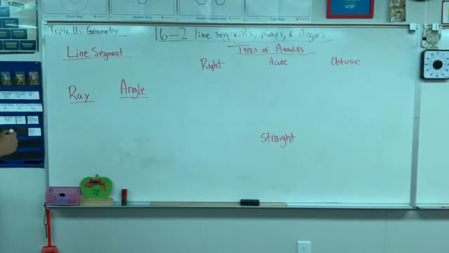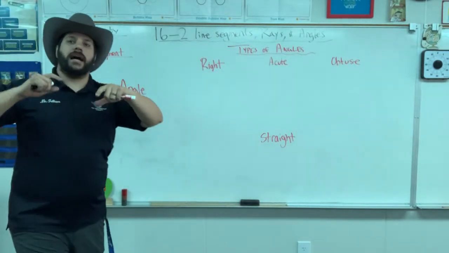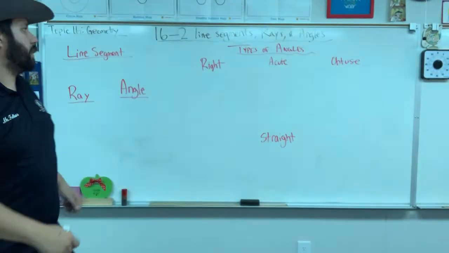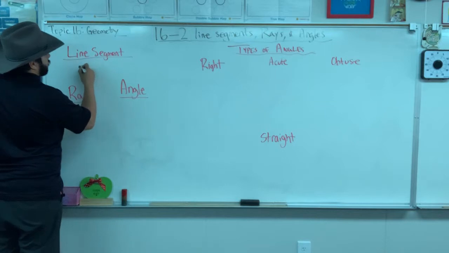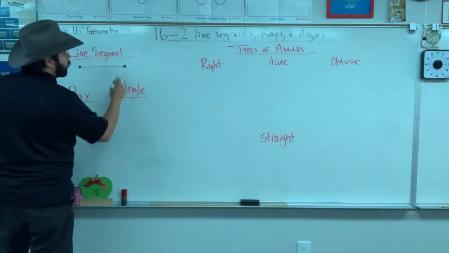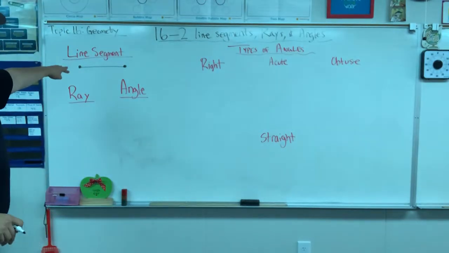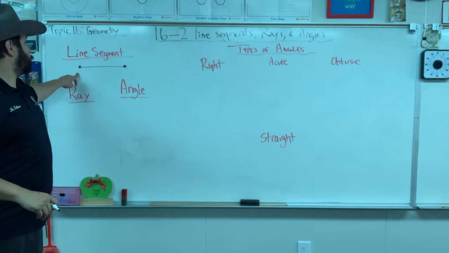So the first of which is a line segment. Okay, so we know that a line with its two little arrows goes infinitely in both directions. A line segment is just a portion of that infinite line, and it is stopped at 2 points.